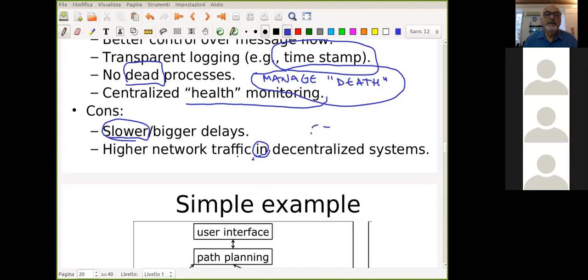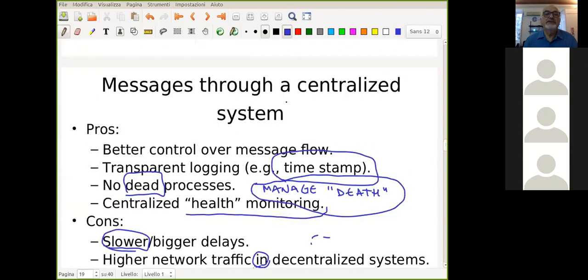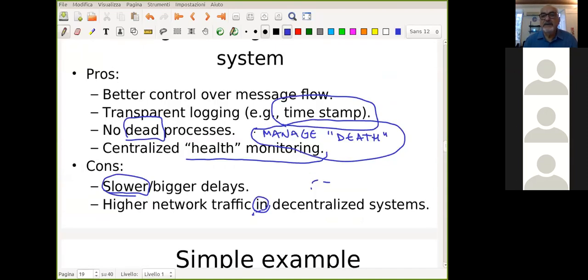Surely you need to balance the traffic, that's to say, how to optimize the use of the bandwidth with respect to the wanted communication. And in general, it is easier to do in a decentralized system than in a centralized system. In a centralized system, it's very difficult to balance the load because everything goes to the center. And so this is normally a sort of bottleneck.